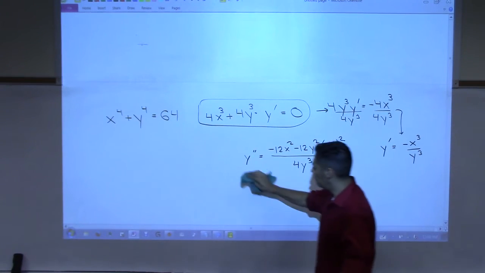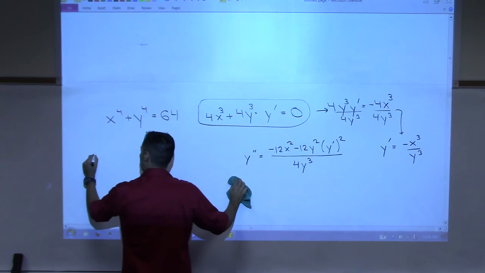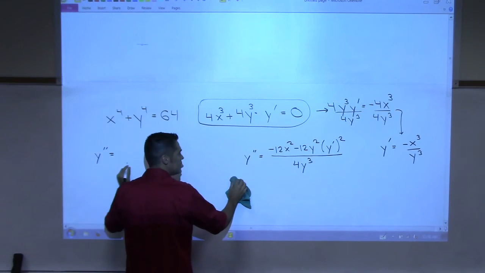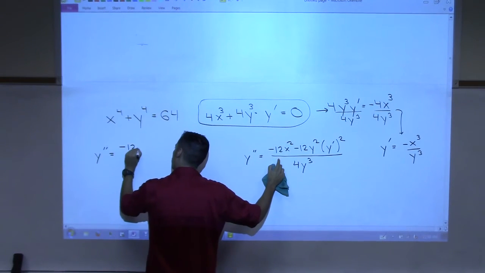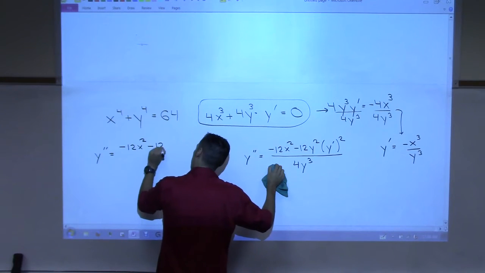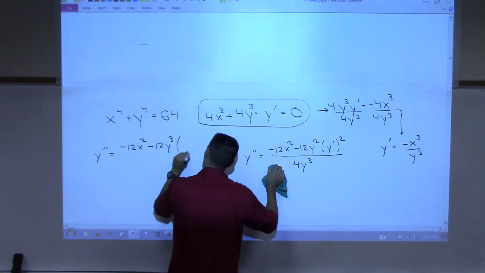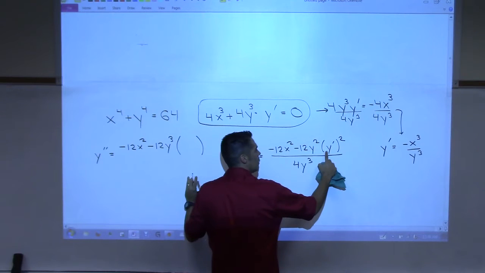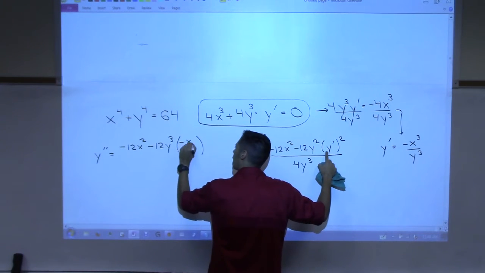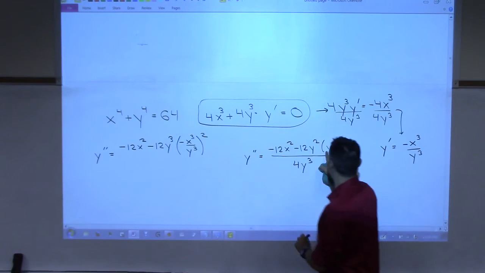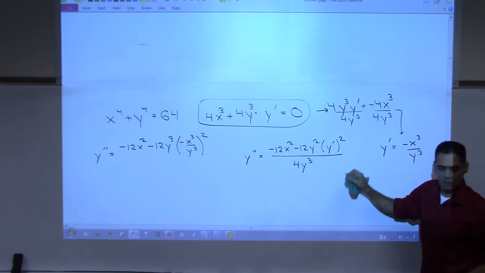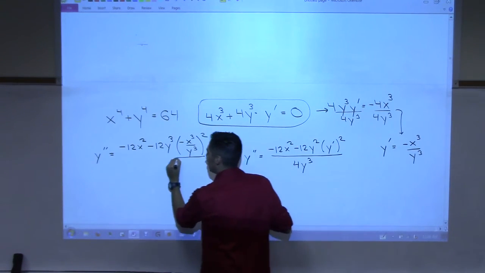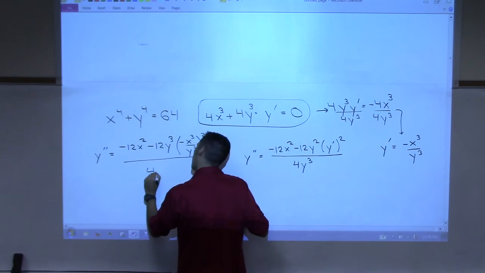So let's plug in. Y double prime is equal to negative 12x squared minus 12y squared. And then I'm going to plug in here for y prime the fraction negative x cubed over y cubed, but that's squared, isn't it? We'll talk about what we do there in a second, but that's all over 4y cubed.